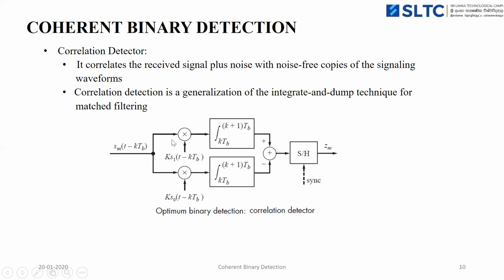Here the received signal is multiplied with the noise-free signaling terms: for binary 1 we use S1, and for binary 0 we use S0. The correlated output is given to the respective integrators, and then the same procedure as the matched filter follows. We find the difference by subtracting the lower branch from the upper branch, then it is given to the sample and hold circuit, which gives the sampled values.